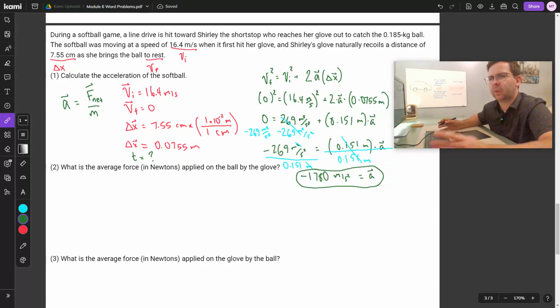are much simpler. It says number 2, what is the average force in newtons applied on the ball by the glove? So the ball is slowing down, and it's slowing down because the glove is applying a force to the ball. It says average force here, and in this case, we're talking about average force because, technically speaking, the ball does not experience a constant force from the glove.